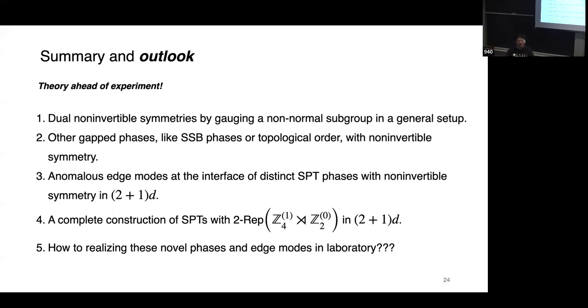Yeah, that's also a good question. We didn't consider anomalies, but you can probably do that. Because then you can generate much more. Yeah, that's true. Here we only do very simple cases like gauging Z2 without any additional information.